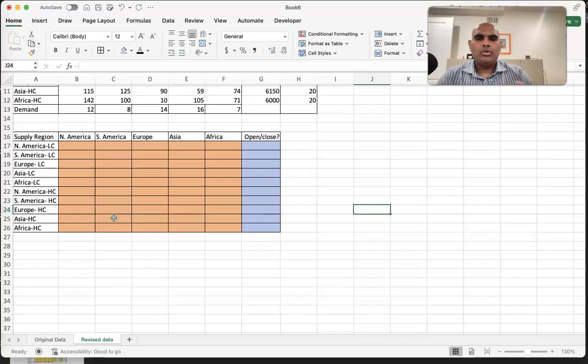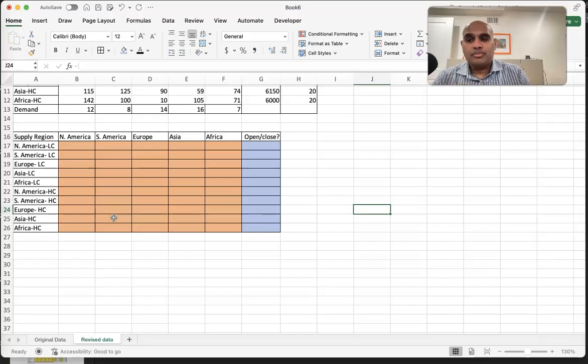Once you have that, there are 2 important things to do before this. One is to figure out a place for the total cost, because when you're doing optimization, you're either trying to minimize cost or maximize profit. This is an example of minimizing cost, because we don't have any data about sales price or anything like that.